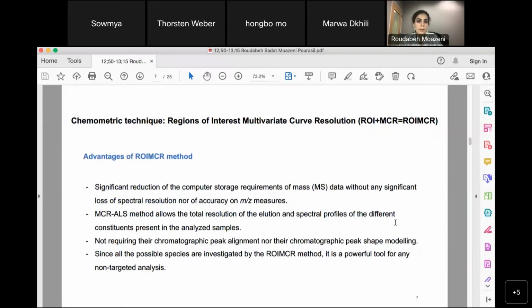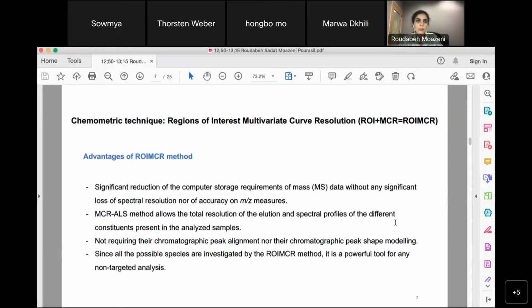A significant reduction of mass or m/z channels can be done with ROI, and we can resolve all known and unknown chemical compounds into their chromatographic and mass spectral profiles with MCR-ALS without any peak alignment or peak shape modeling.